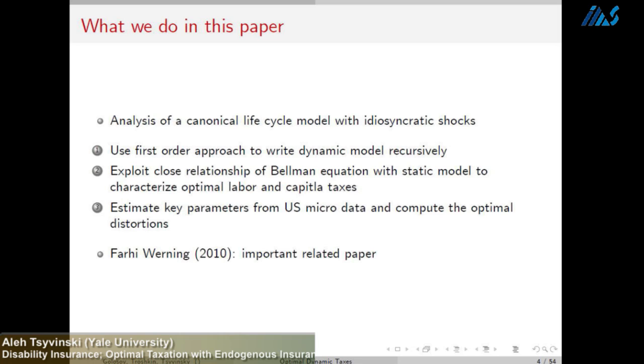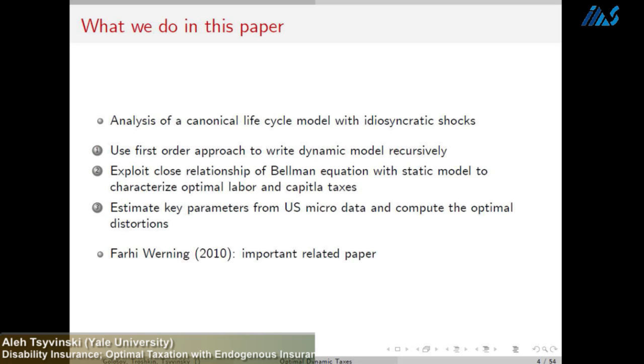Before, the only things we could really solve were either very limited, very special circumstances, like, for example, a disability insurance scheme, which we're going to be talking about next time, where types are fully persistent. They're stochastic, but once you become disabled, you stay disabled forever. Or IID shocks, or maybe some other limited examples.